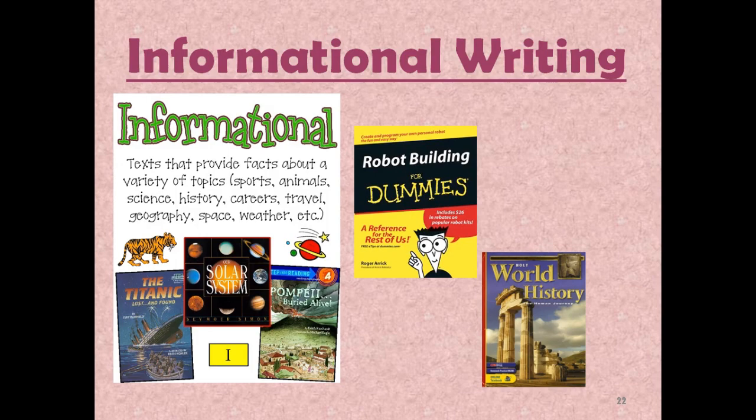Informational texts provide facts about a variety of topics, for example sports, animals, science, history, careers, travel, geography, space, weather, etc. So it also comes in the category of non-fiction genre.